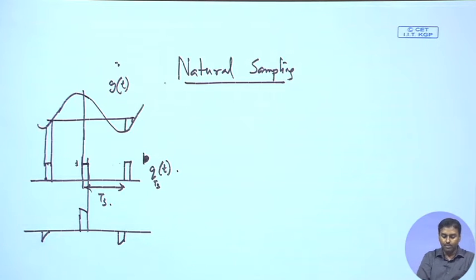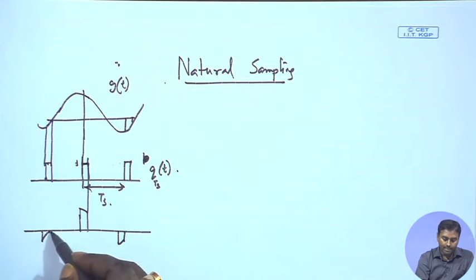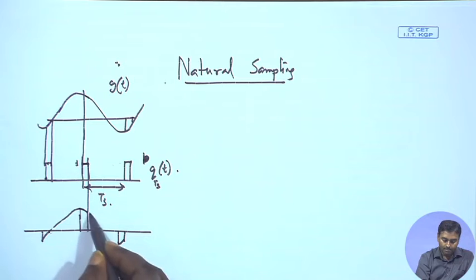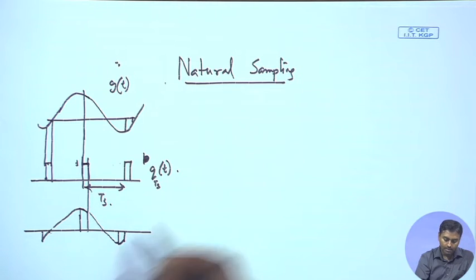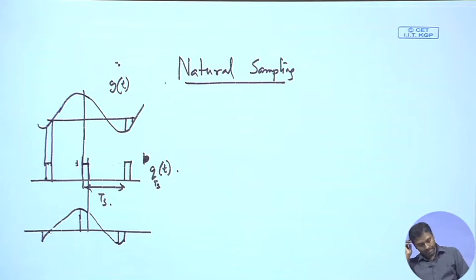So, it happens to be this way. So, basically as you can see, you again connect these things, your signal will be regenerated. Okay. So, this is called natural sampling. Natural sampling means within the pulse duration you are actually allowing the signal, or the top of the pulse, to follow the signal. That is what we are trying to do.